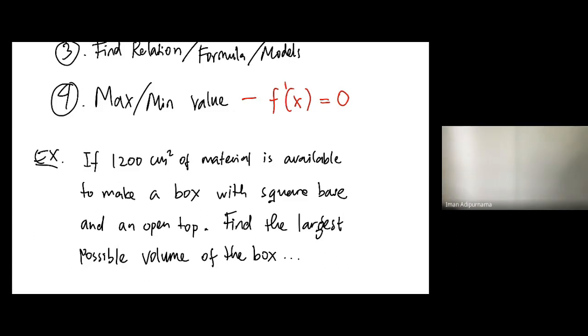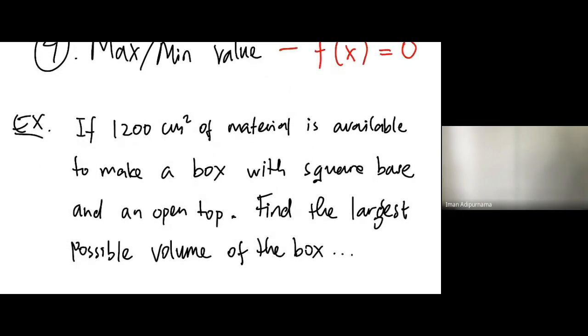So you have the 1,200 centimeter square. It's the material. So it's like when you want to make a box, maybe your school project, and then you want to cut the area, and then you need to make sure we have the largest possible box from the area.